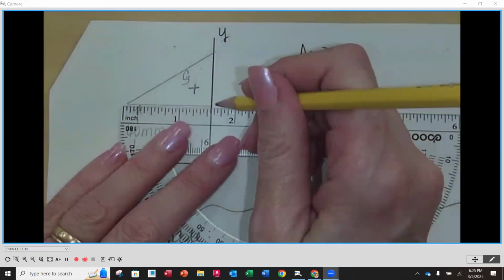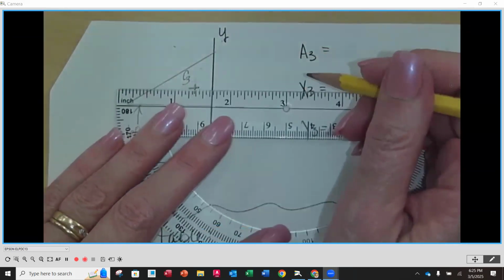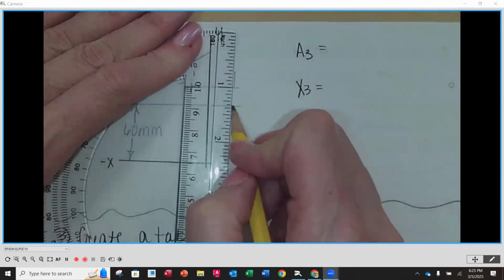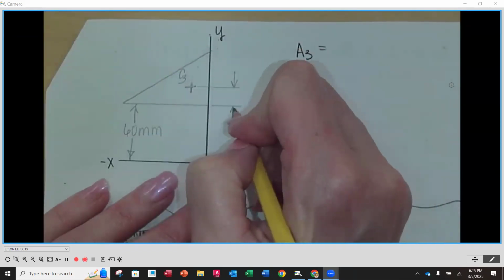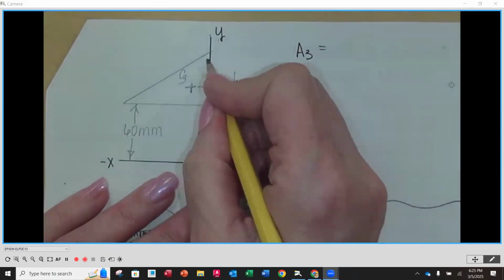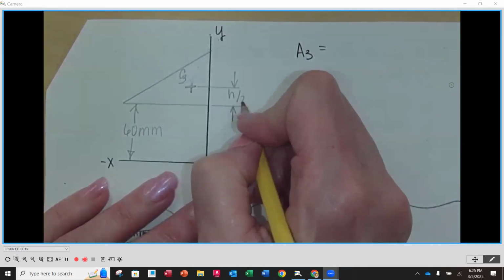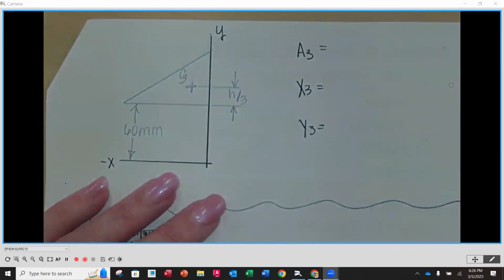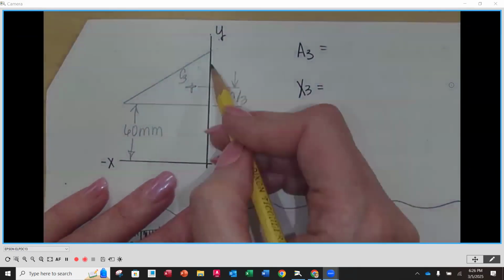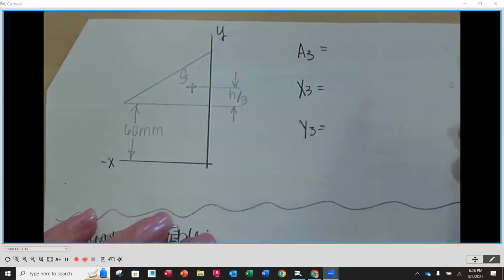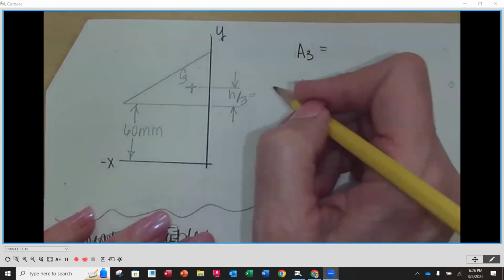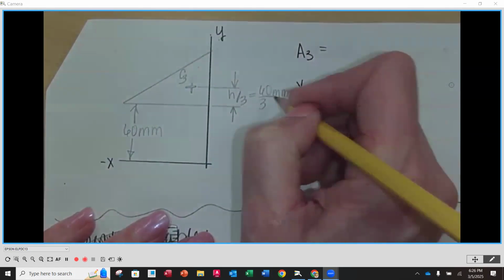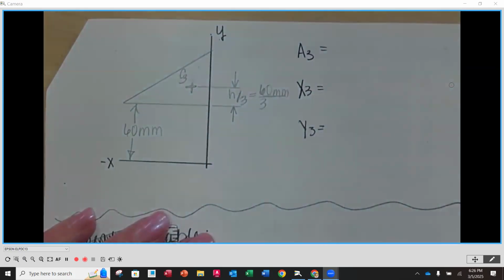Now the distance up to our centroid here is going to be equal to the height of our triangle divided by 3. So the height we know is 60, right? So that's going to be 60 millimeters divided by 3.